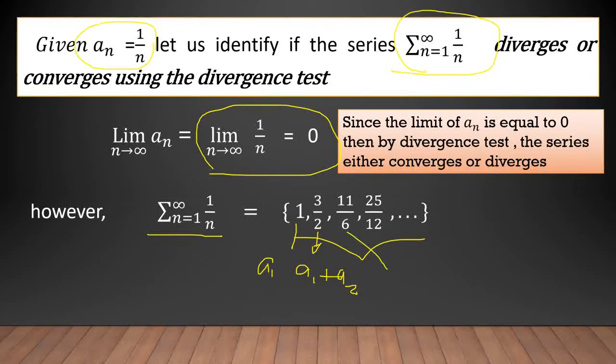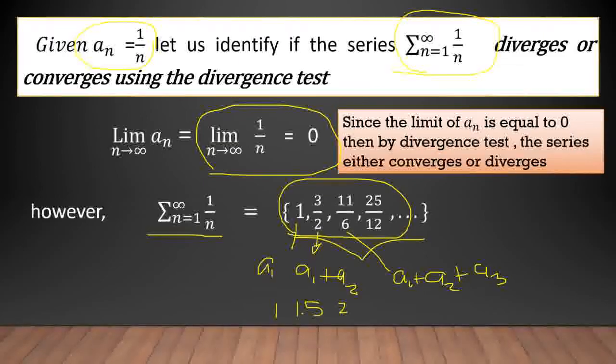The 11 over 6 is when we add the three sequence terms. Let's look at their sums. From 1, then 3 over 2, I think that's around 1.5. Then 11 over 6, that's somewhere around 1.75 or let's say 1.8. It's just an estimation. And then 25 over 12 is around 2.2. This is just an estimation.